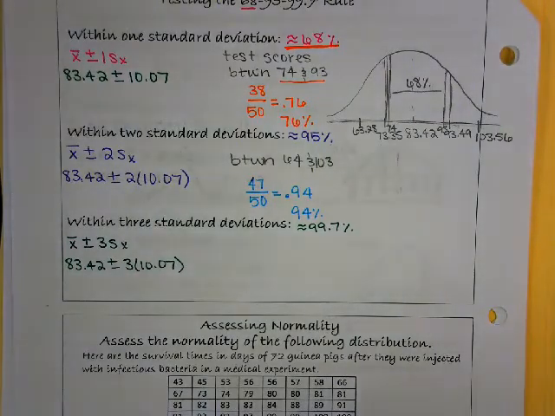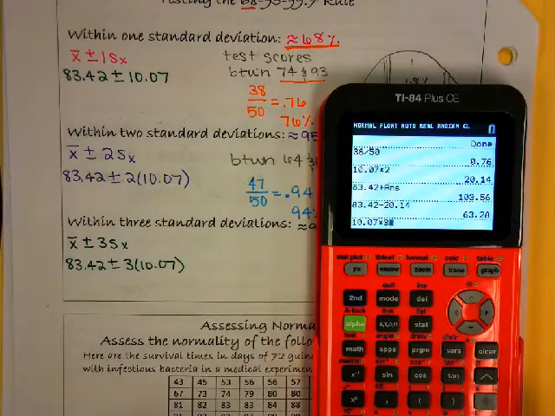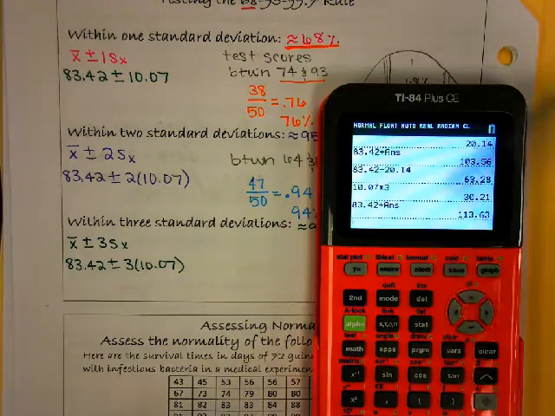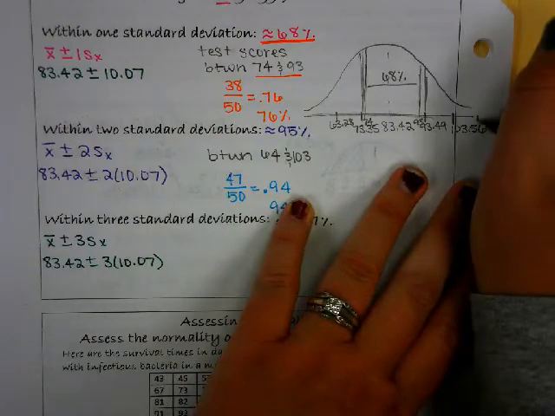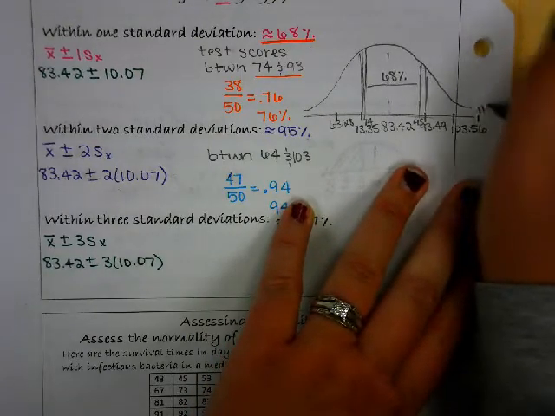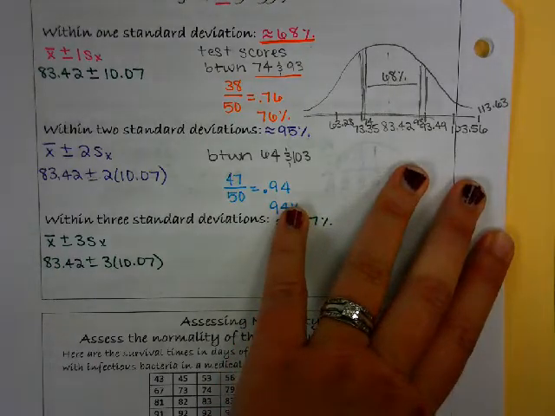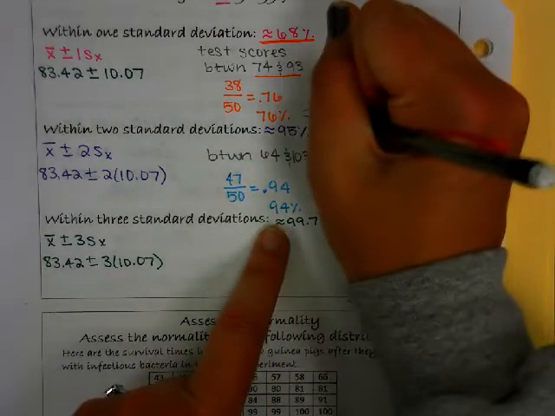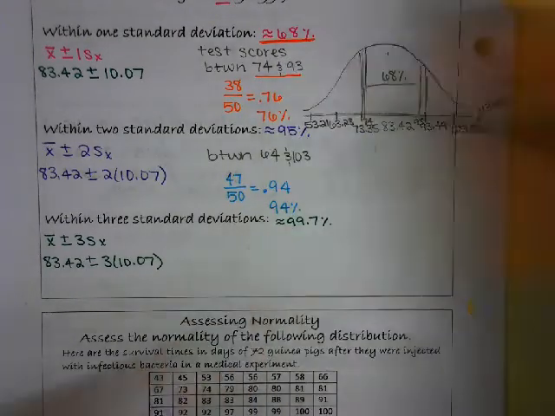So 3 standard deviations above is 113.63, and 3 standard deviations below would be 53.21. So we're looking for test scores between 54 and 113.